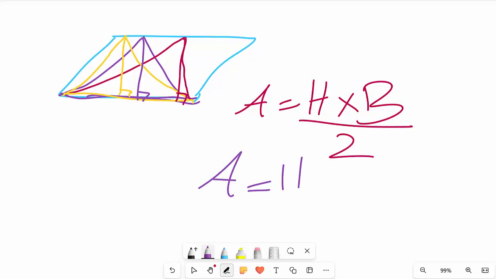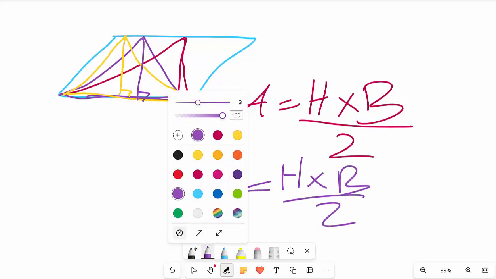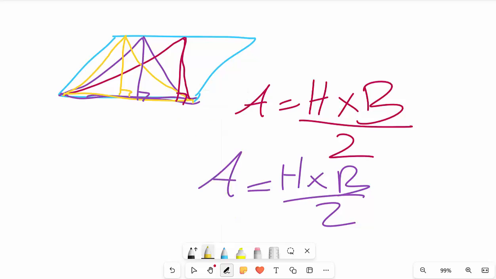And for this also we have the same area, and for the third one we also have the same area formula.